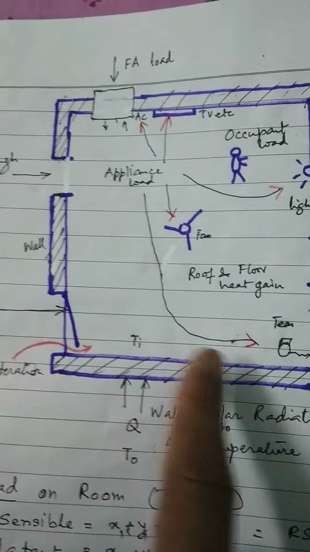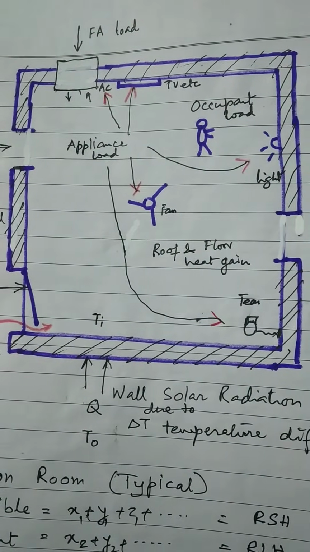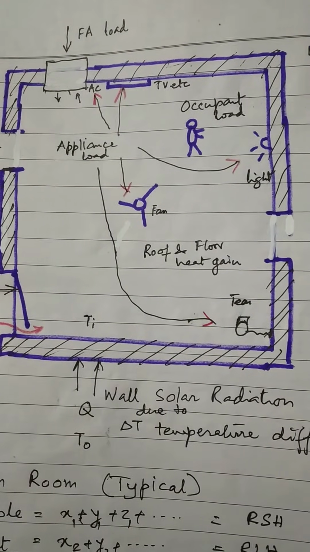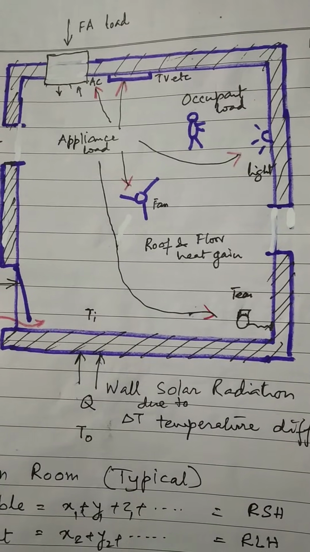So these are the four sources which are now visible, which are going to add into the humidity of the room, whereas other sources are not humidity based, they are temperature based.